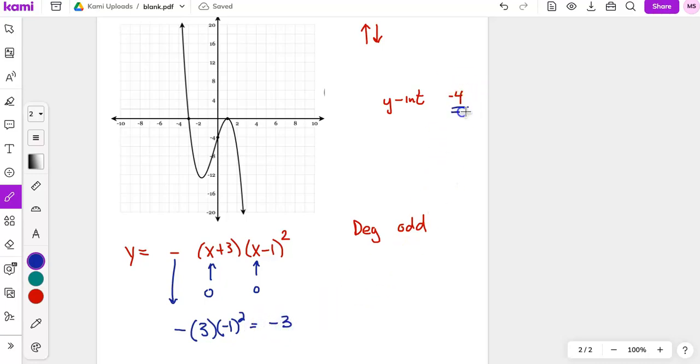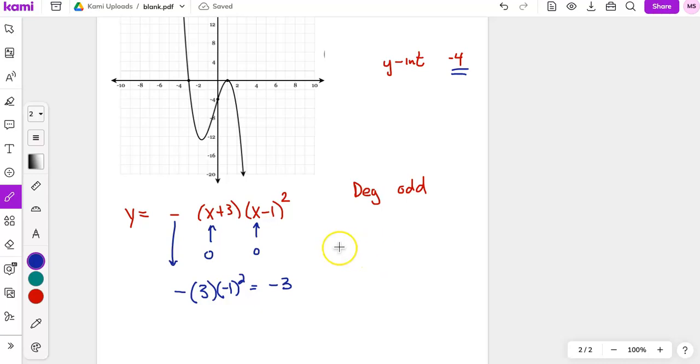Well, I want -4. So I have to say -3 times what, so I'm just putting a variable there, is equal to -4. And if you solve this for the variable, which is a, you get a is equal to 4/3. And what that means is, so that you have the correct y-intercept, you actually have to put 4/3 in front of your function.